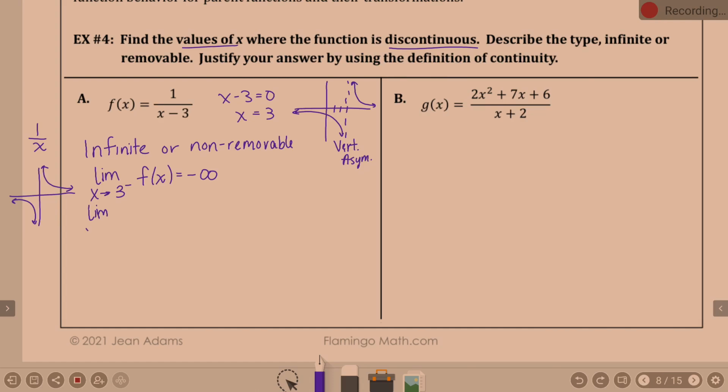The limit as x approaches 3 from the right is positive infinity, isn't it? That's a problem right there. The other issue we have, f of 3, it does not exist. F of 3 is, I'm going to use the word undefined. Okay, the graph does not exist at that point. It is undefined for that point.